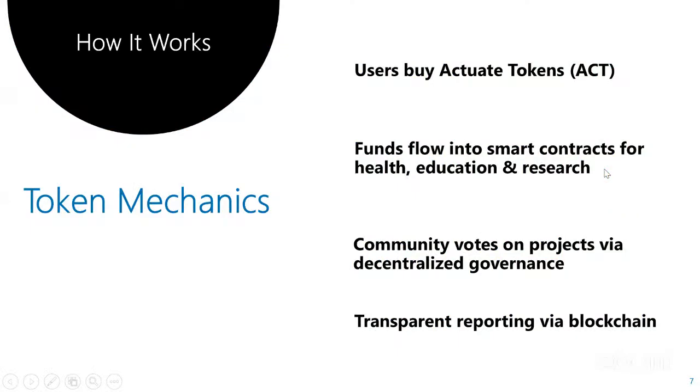How it works is that people buy Actuate tokens, and then we get funds in the smart contracts for health, education, and research. With that, we get community votes, and people will be in charge of voting for projects using decentralized governance. All this will be recorded on the blockchain.